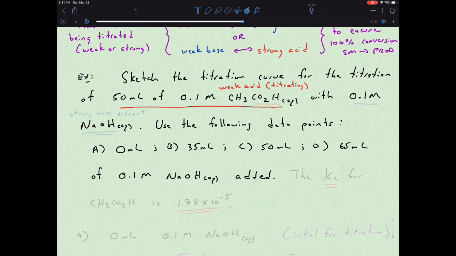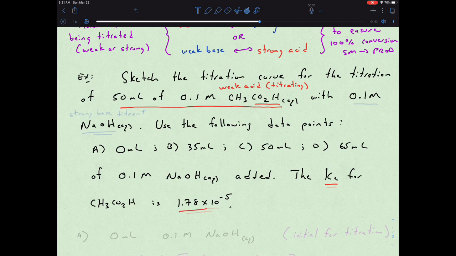We can get that weak acid from the structure, see the CO2H. We could also get that from the Ka, which we have here at the bottom.